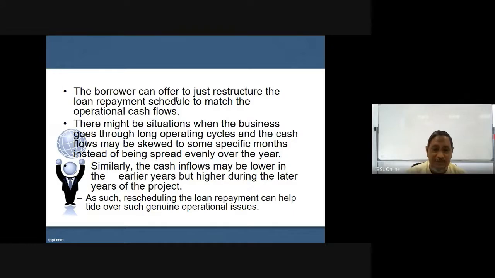It fluctuates. So we have to identify the means and where to make the recovery installment. As such, rescheduling the loan repayment can help tide over such genuine operational issues. Extending the period will help, as per rescheduling.